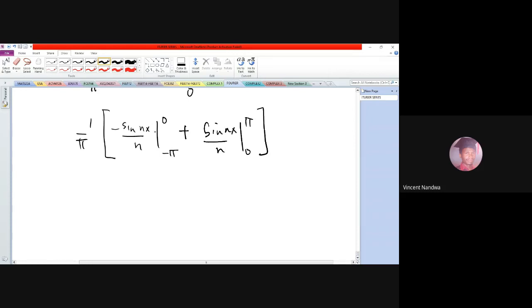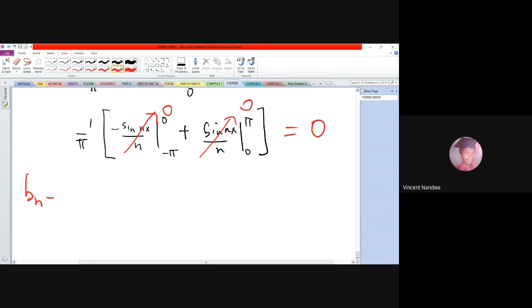Sine of 0 is 0, and sine of 180 degrees and its multiples is still 0. So this part will give us 0. Similarly, this part will also give us 0. So therefore, an is just 0.